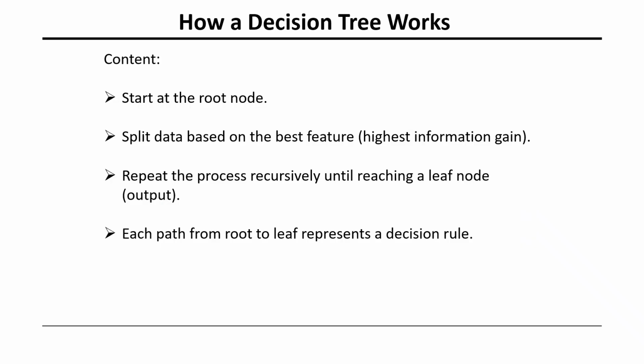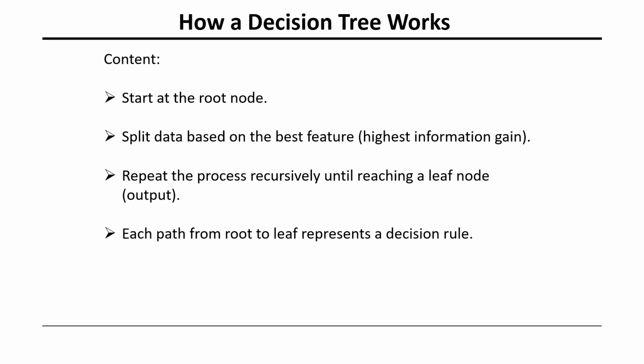Next, how the decision tree works. What do you have to do to make the decision tree? First, we start from the root node and split the data based on the best feature. Best feature means we have to find the highest information gain.